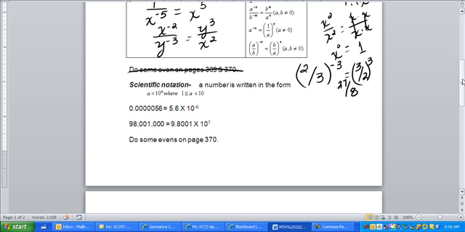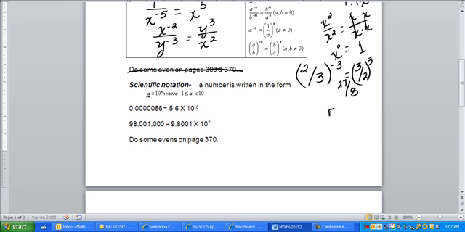Now, scientific notation is where we write our number as a number, a, which is between 1 and 10, including the 1 but not the 10, times a power of 10. And our calculators, if our numbers get very large or very, very small, will automatically switch over to scientific notation.